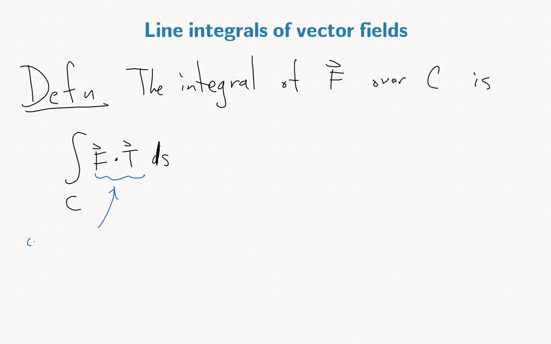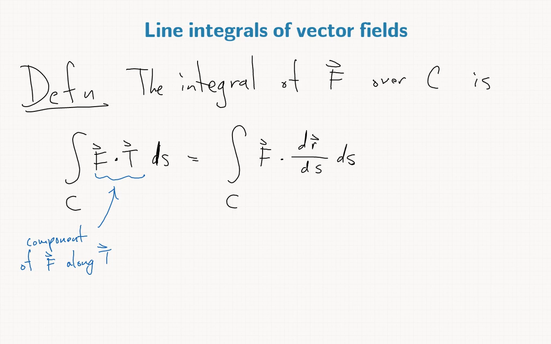And so this is equivalently the magnitude of the projection of F along T, since T is a unit vector. But then we can expand this out. So this is the integral of F dot dr by ds ds.